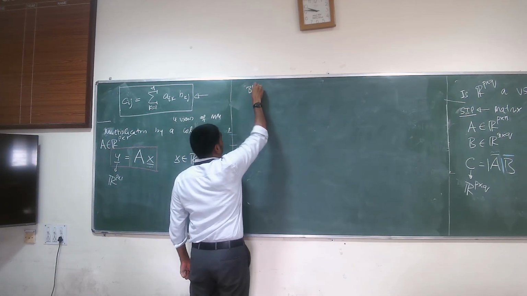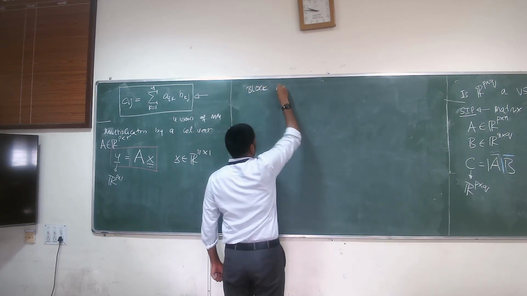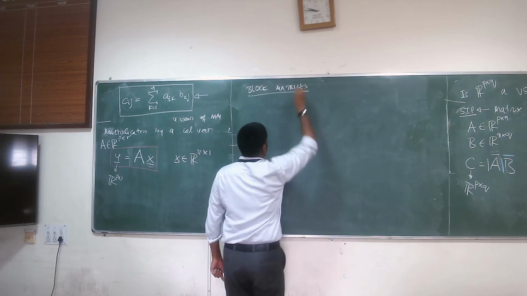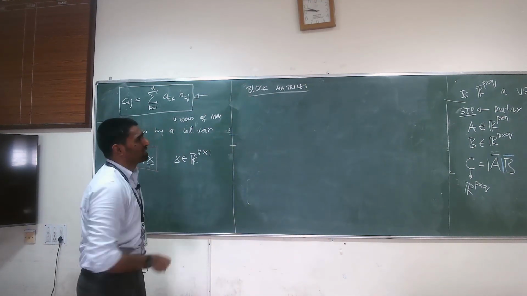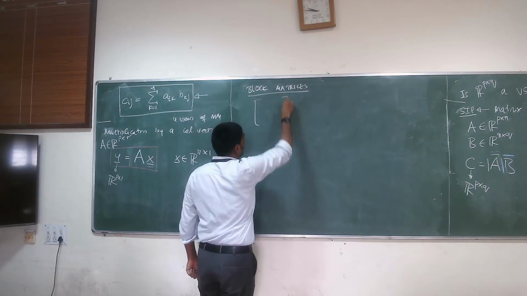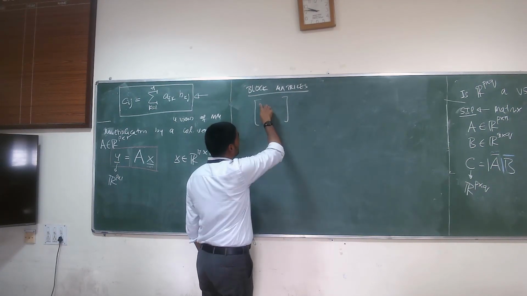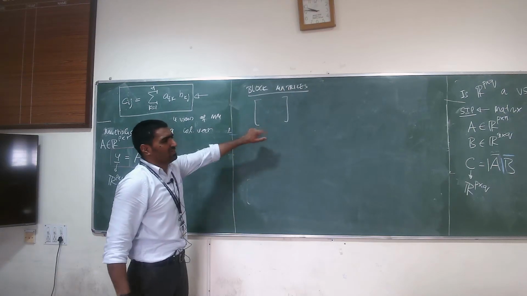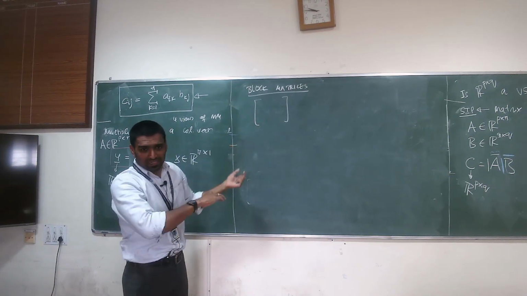This idea of block matrices is going to come in handy when we talk about matrix multiplication. Well, we've seen matrices to be a rectangular arrangement of numbers. Block matrices are essentially a rectangular arrangement of sub-matrices.